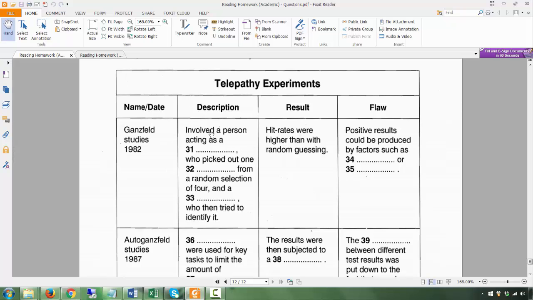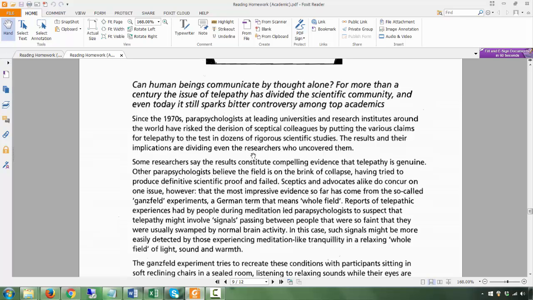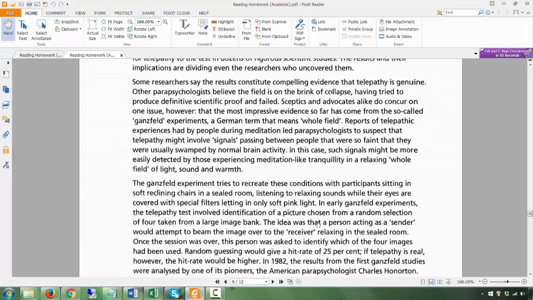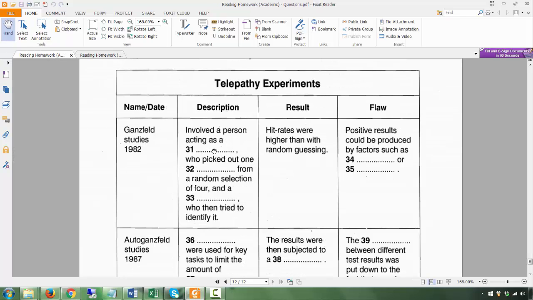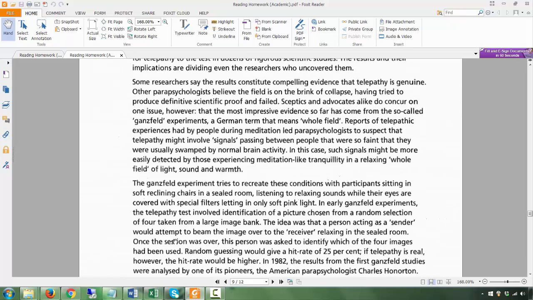So the Ganzfeld study involved a person acting as a sender. The idea was that a person acting as a sender picked out one what, from a random selection of 4.